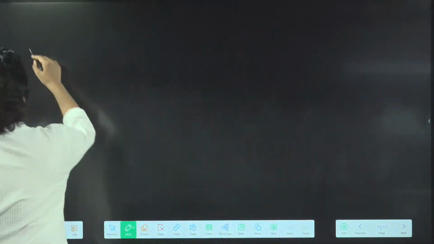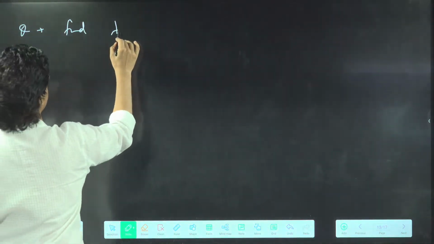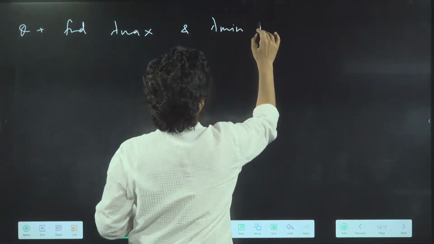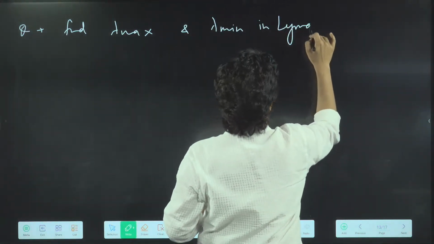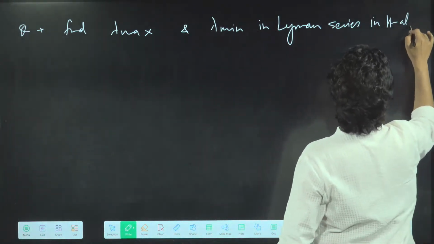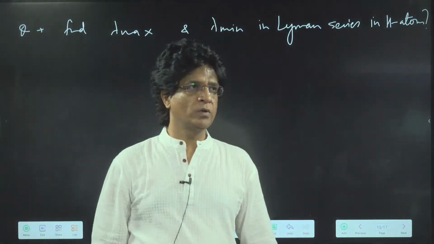So let's do some questions now. Question number 1: find lambda max and lambda min in Lyman series in hydrogen atom. Everyone, be quick. I'll first find lambda max.